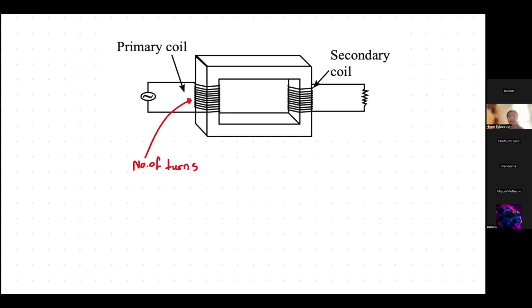The number of turns of the primary coil we call NP, with a small p. The number of turns of the secondary coil we call NS.